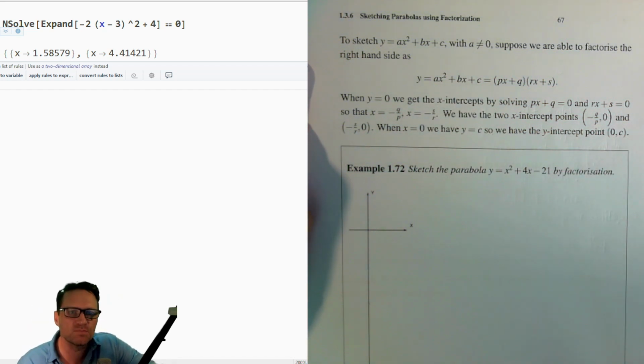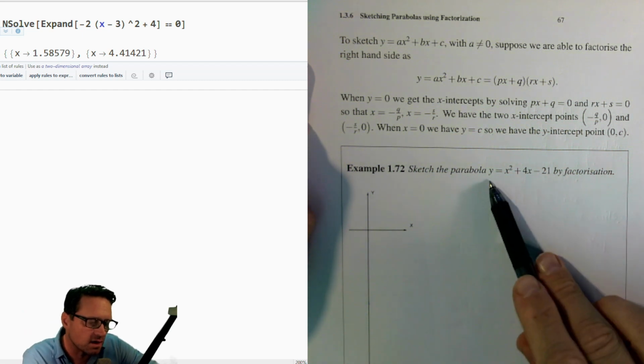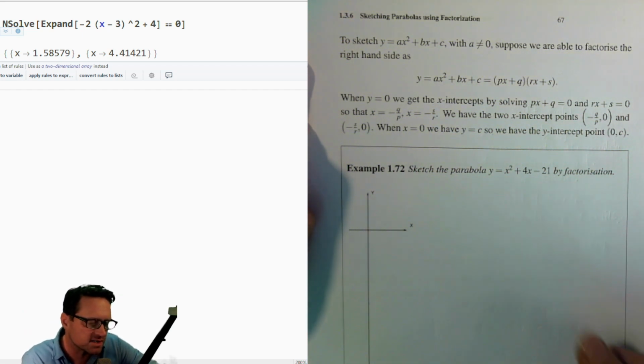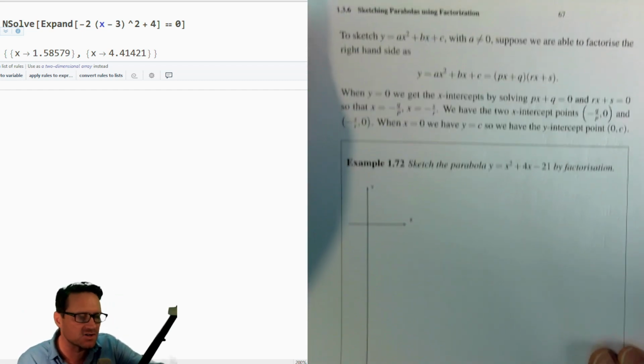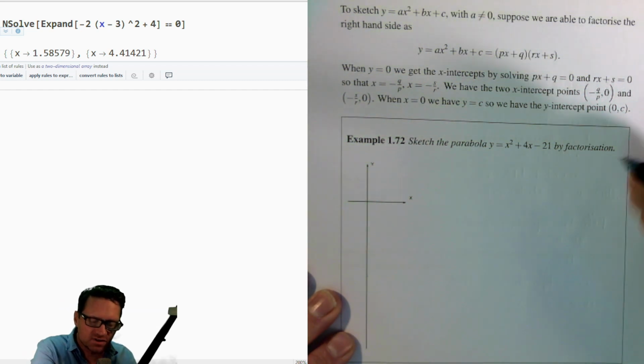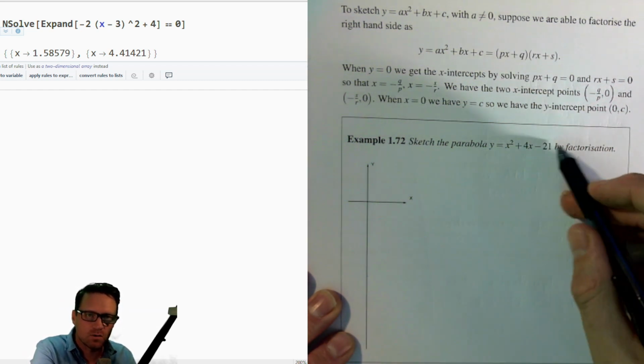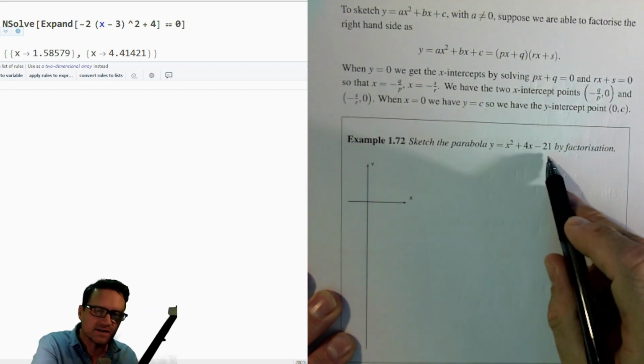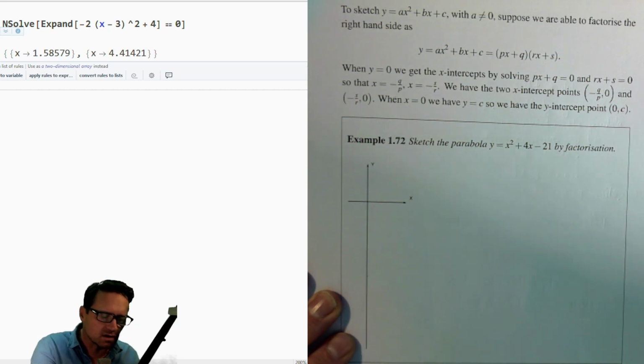All right, so let's use these principles to sketch the parabola y equals x squared plus 4x minus 21 by factorization. Okay, now remember what we do when we factorize a quadratic. We want to write the divisor pairs of this constant term, but I do so with the absolute value of it.